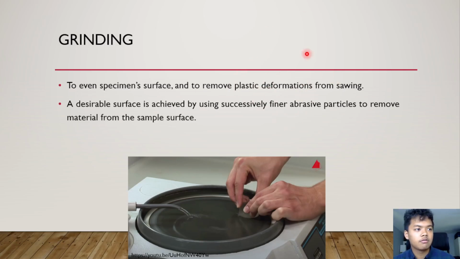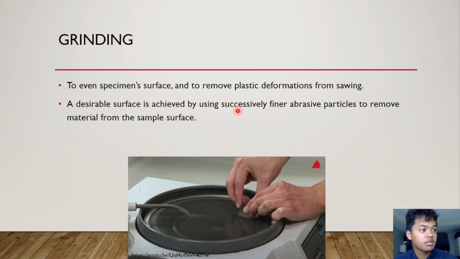Why is there plastic deformation from sawing? When you saw, you can actually see really small scratches, sawing lines, sawing marks, and we hope to remove said marks by grinding.